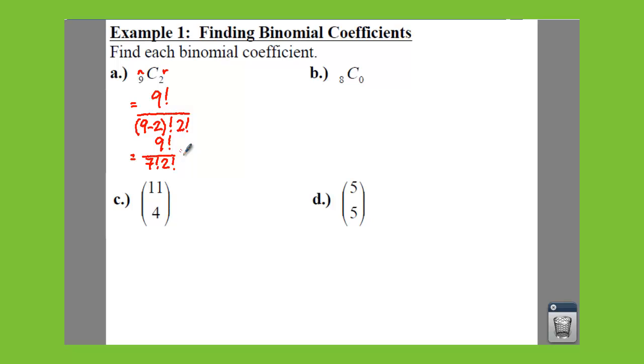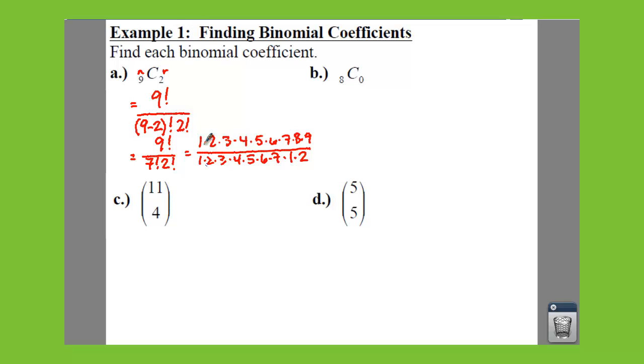You could type that into your calculator. That'd be real nice and boring. Or you could just say 1 times 2 times 3 times 4 times 5 times 6 times 7 times 8 times 9. Oh my gosh, that's so much more enjoyable. On the bottom you have 1 times 2 times 3 times 4 times 5 times 6 times 7, times 1 times 2.